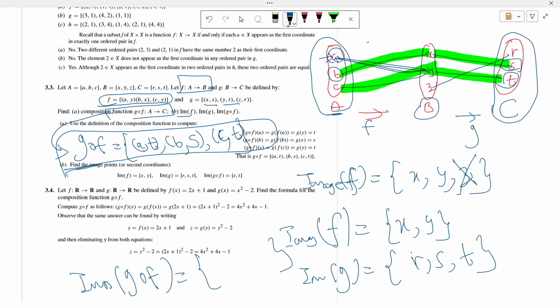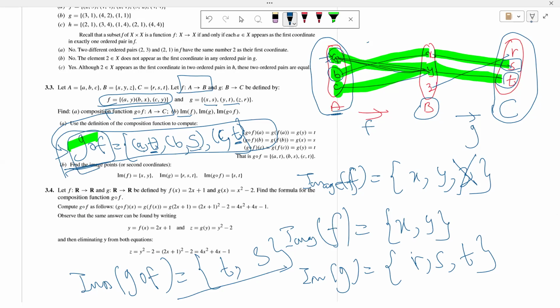How can you check? For that, you can just draw this, or you can check the codomain elements. T is there, and T occurs two times, but we write only one T, then S. T and S are the images of g of f.